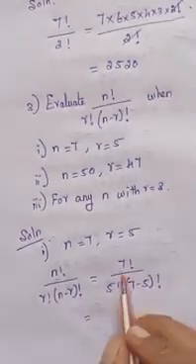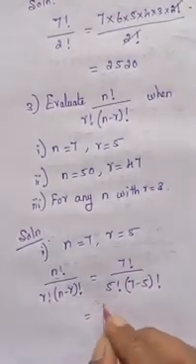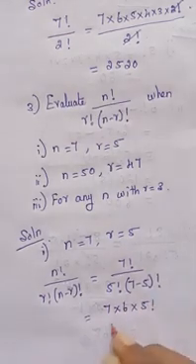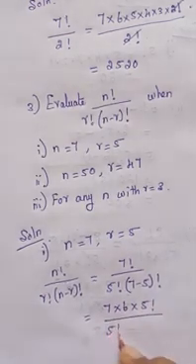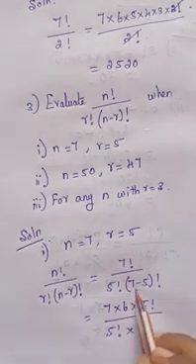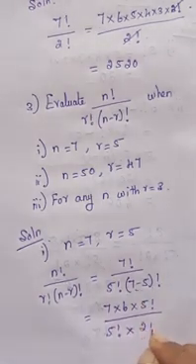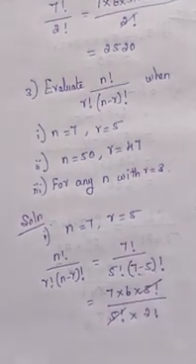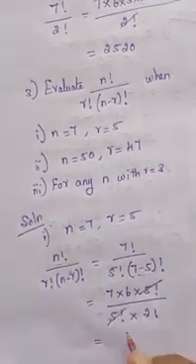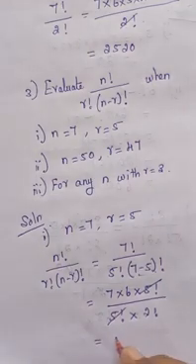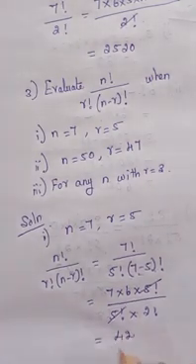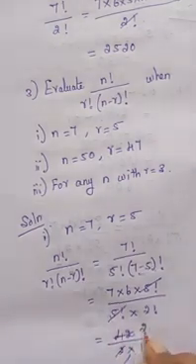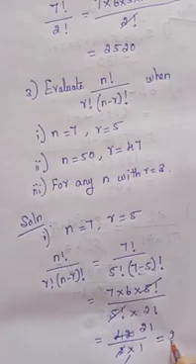Shall we simplify it? 7 factorial, how to write it? 7 into 6 into 5 factorial divided by 5 factorial into 7 minus 5, 2 factorial. Now both 5 factorial will get cancelled. 7 into 6, what is that? 42. Divided by 2 factorial, which is 2 into 1. So our answer is 21.